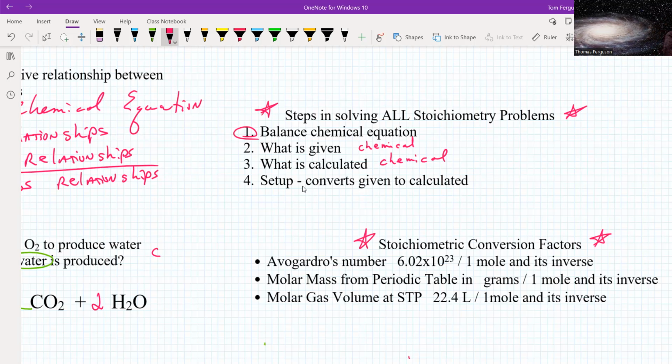So you have to make sure you write down what chemical you're given and what quantity, and what chemical you're trying to calculate. And then lastly, do the setup, just like we've been doing. You start with a given, convert it to moles, then go to whatever. So again, notice moles, moles, moles, and more moles.